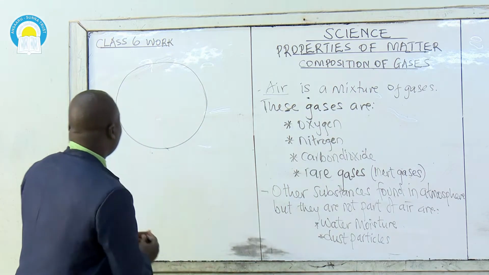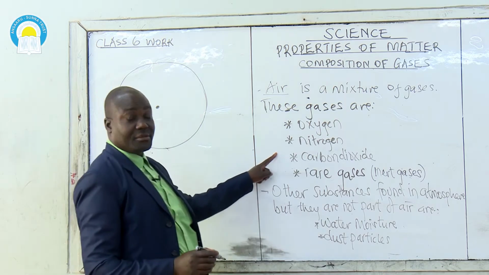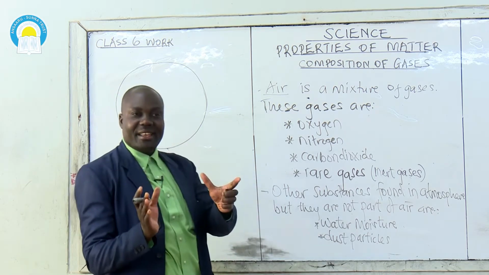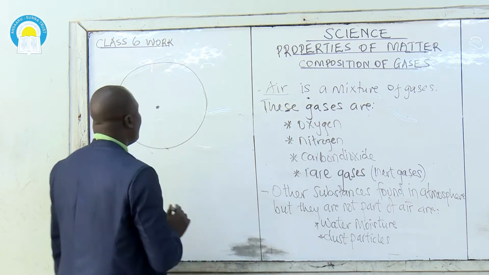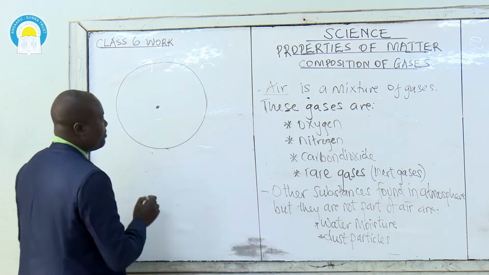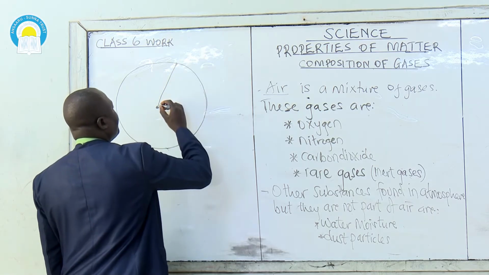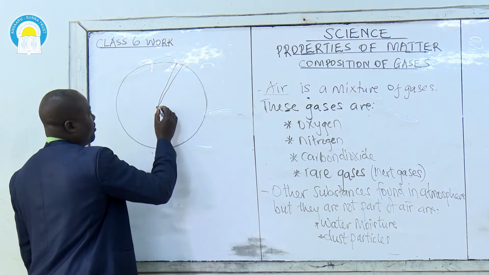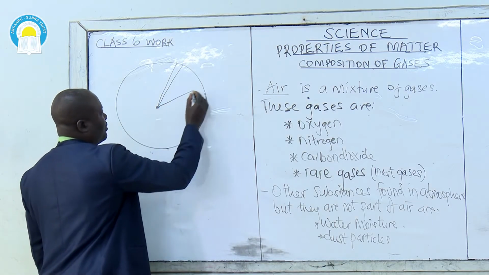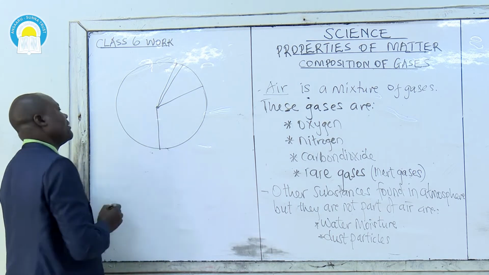Okay. So these gases, as I've said, are found in the atmosphere, but they vary in their percentages. They vary in their volume. Not all of them are the same in the atmosphere. Like we can have this sector, like that. Then we have another one like this. Then there's another one like this.